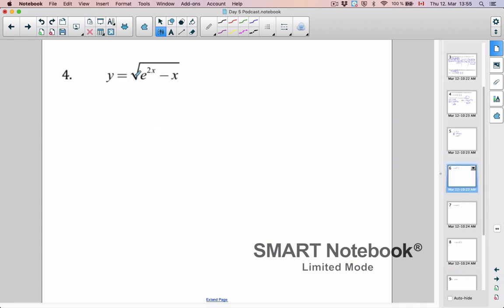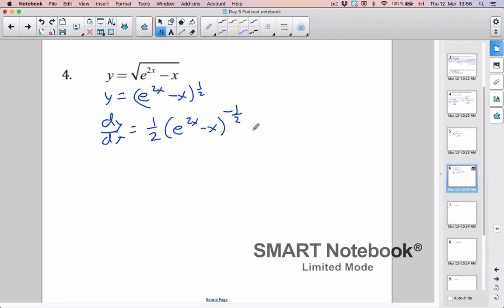Okay, in the next example, let's rewrite this as y equals (e to the 2x minus x) to the power of half. Then we have dy/dx equals half times (e to the 2x minus x), reduce the exponent by 1. Then chain rule says we multiply by the derivative of what's inside the brackets.